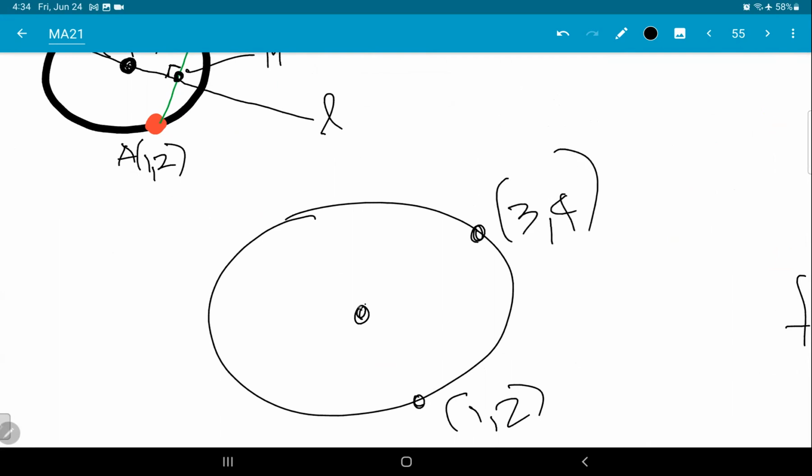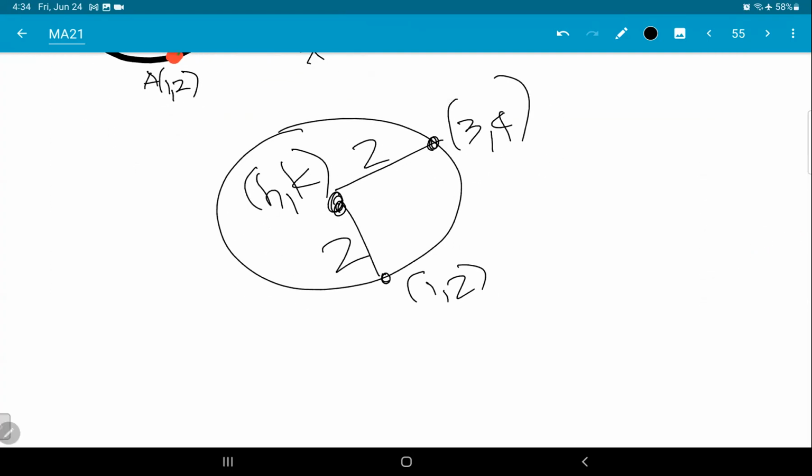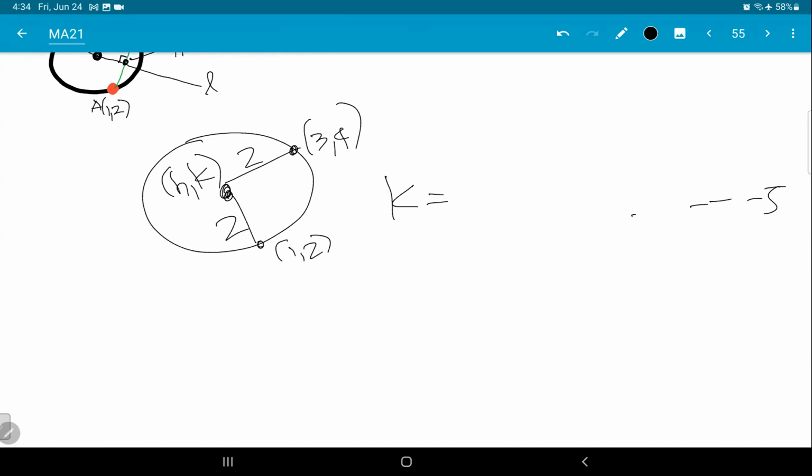Radius is 2. So, that means, pwede kong gamitin either point to set up an equation. Ang maganda dito, walang system na mangyayari. Yes, distance formula, (h, k). Halos walang system na kakailanganin because we got k to be negative h plus 5 from step 1.